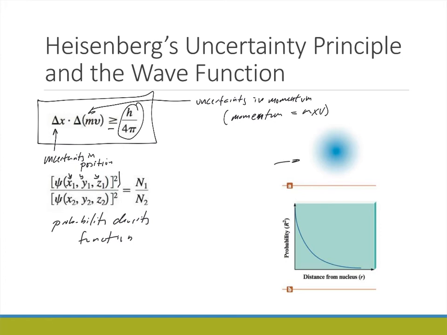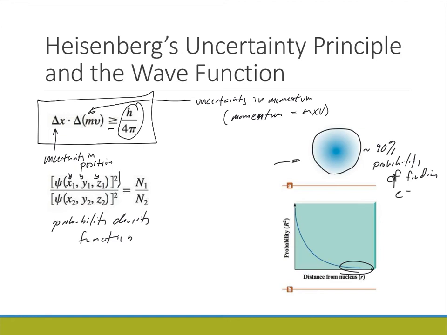What we can say, though, is within this fuzzball, we've got a 90% probability of finding an electron. 90% probability of finding an electron. Now, the probability increases the closer you get to the nucleus, and it decreases the farther you go from the nucleus.